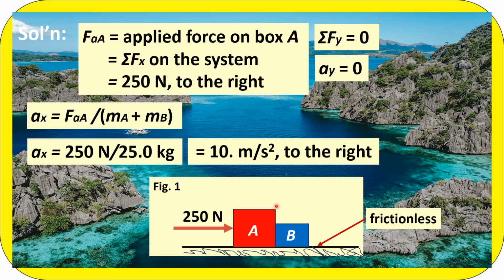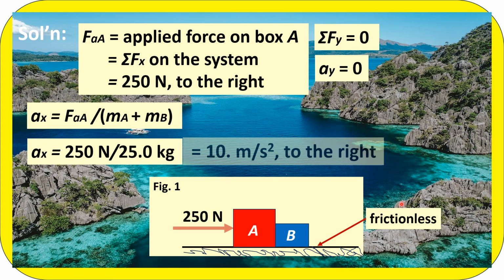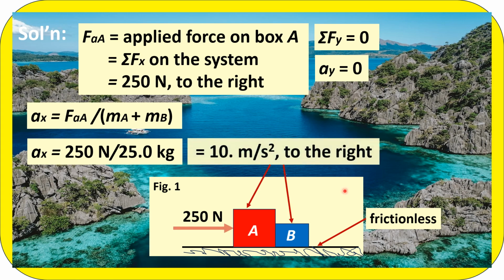Each of the two boxes also has the same acceleration. Box A can be considered to be accelerating by 10 meters per second squared to the right, and box B as well is accelerating by 10 meters per second squared to the right.